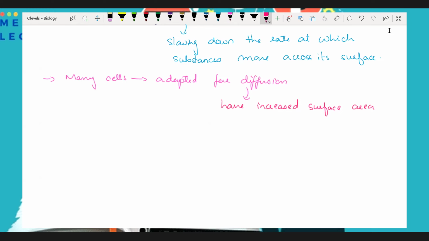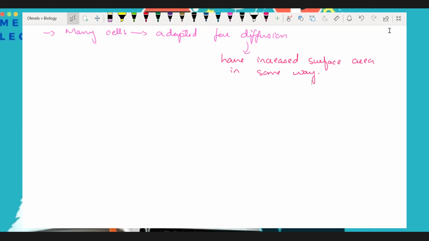They have increased surface area in some way, and the intestines as well, the villi. Yes, you are right. We can have an example of root hair cells in plants. Then we can have an example of the cell lining in the ileum in animals.